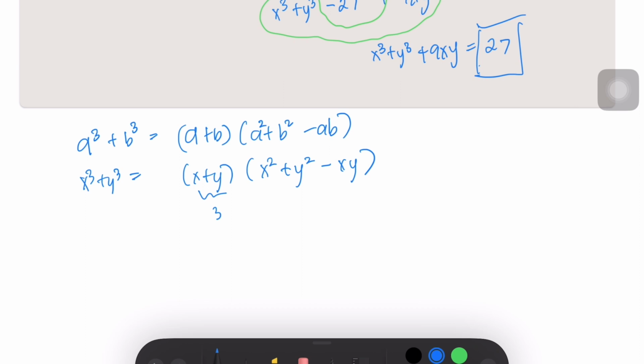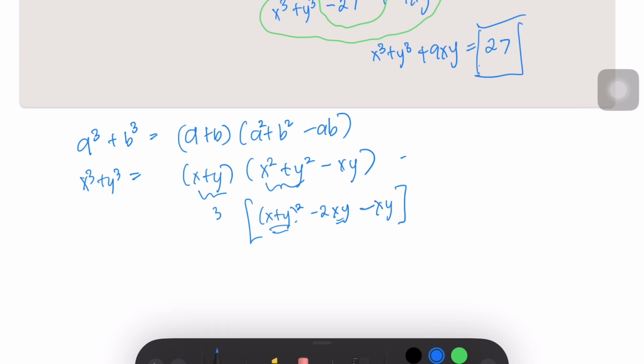But we don't know the value of x squared plus y squared. The next trick that we'd use is to rewrite x squared plus y squared as x plus y squared minus 2xy. That's an alternative way of writing the sum of squares in terms of the sum of the variables and their product. So this expression here becomes x plus y squared minus 2xy minus xy.